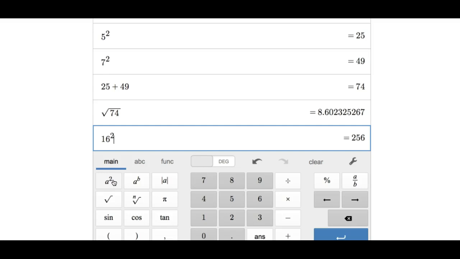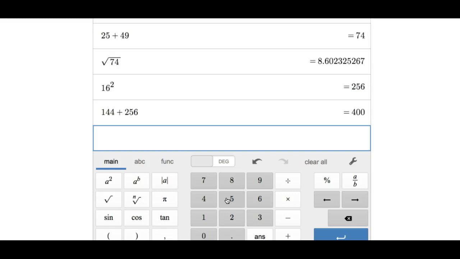So now I need to add. We have 144 plus 256, and that gives us 400. So I know that 400 equals C squared.